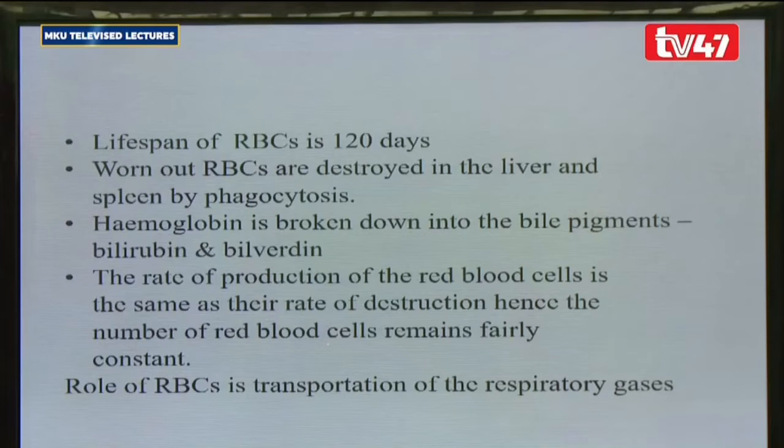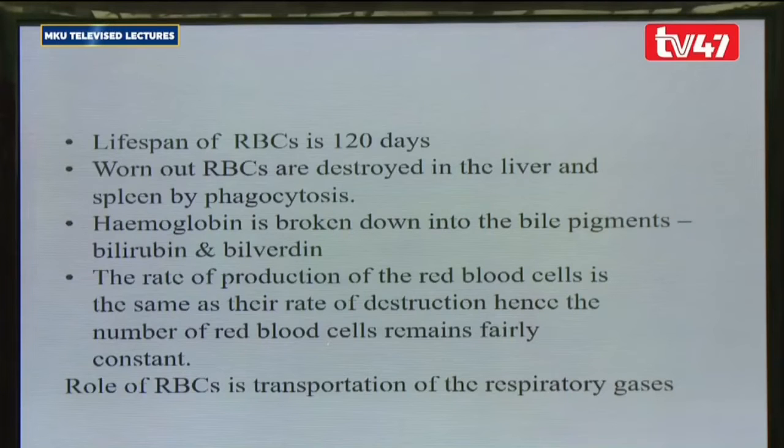So they have a period for which they will exist as they carry out their function and activities. That period of time from the formation of the red blood cell to its destruction because it is worn out gives us the lifespan of the red blood cell. So for the red blood cells, we say they have a lifespan of 120 days, after which they are destroyed in the liver and spleen by phagocytosis.